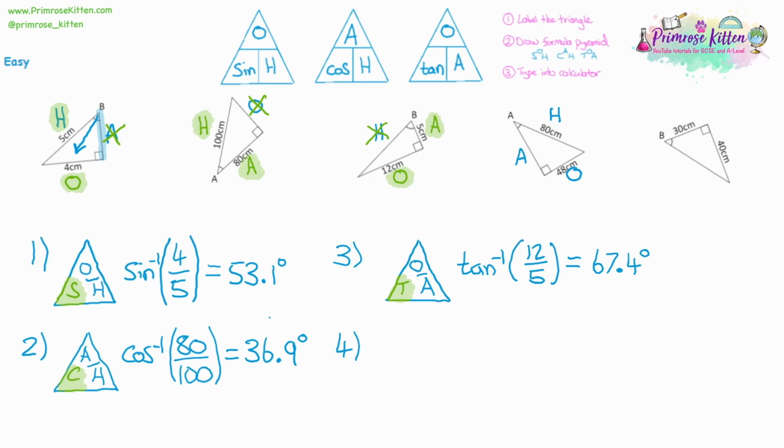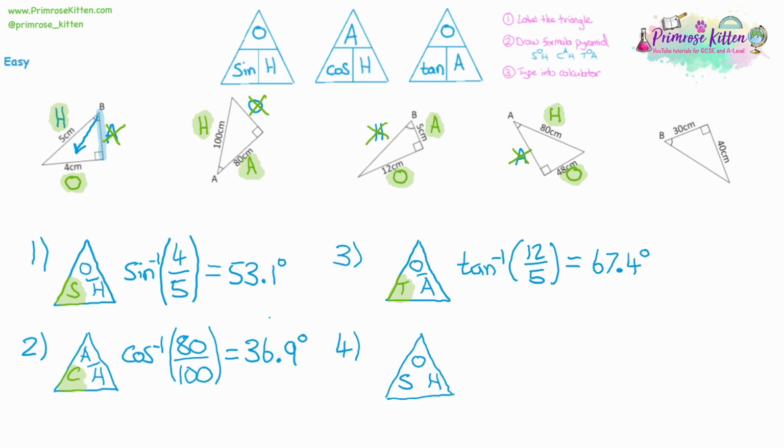Work out what our clues are. We have the hypotenuse is 80, the opposite is 48, and the adjacent is not needed. We're going to draw the formula triangle. We're using O and H in the question, and they appear in a sin triangle, so SOH.